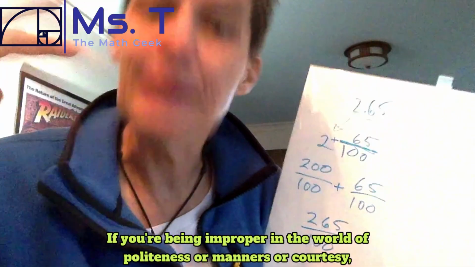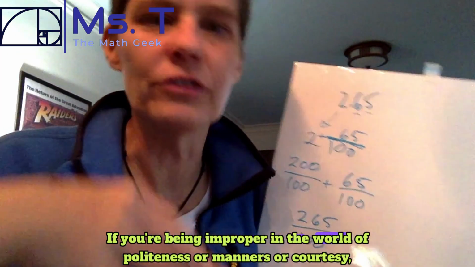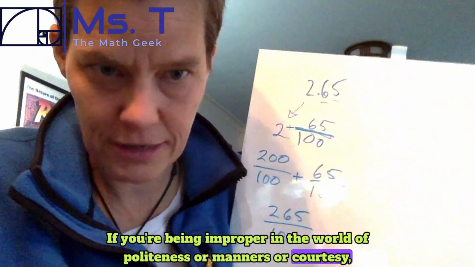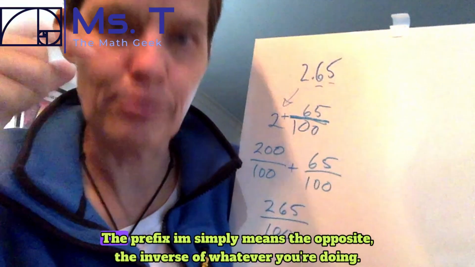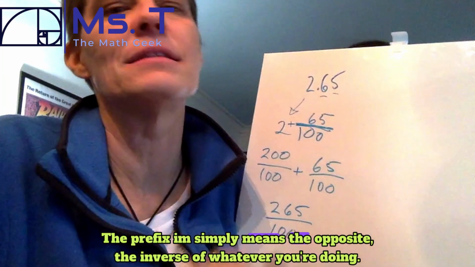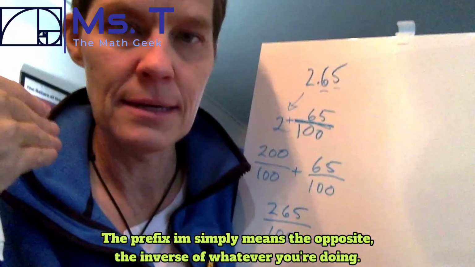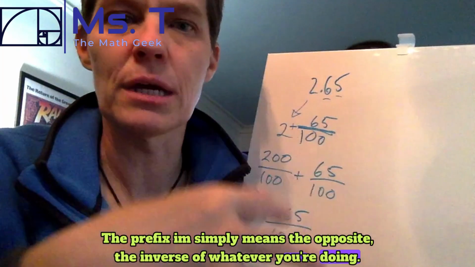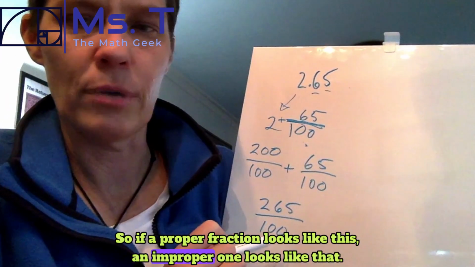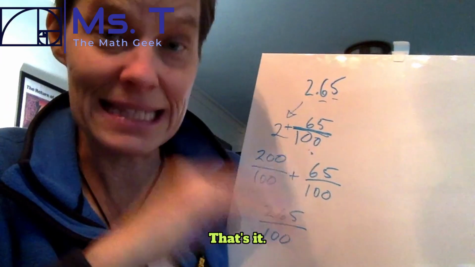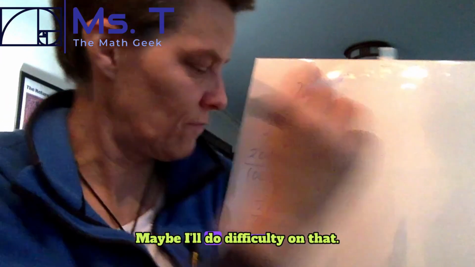If you're being improper in the world of politeness or manners or courtesy, right? That might have negative connotations. The prefix "im" simply means the opposite, the inverse of whatever you are doing. So if a proper fraction looks like this, an improper one looks like that. That's it. Okay? Maybe I'll do a different video on that.